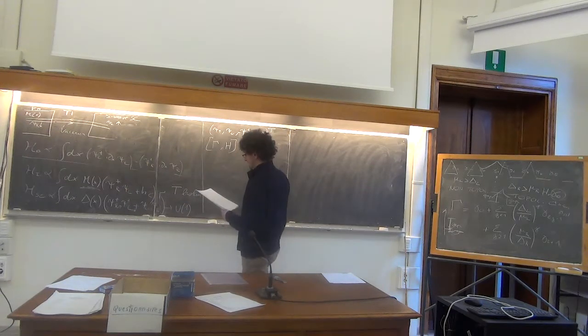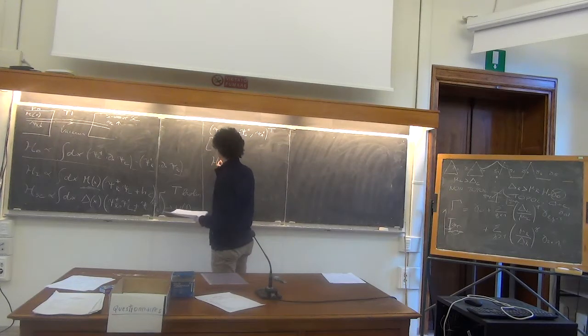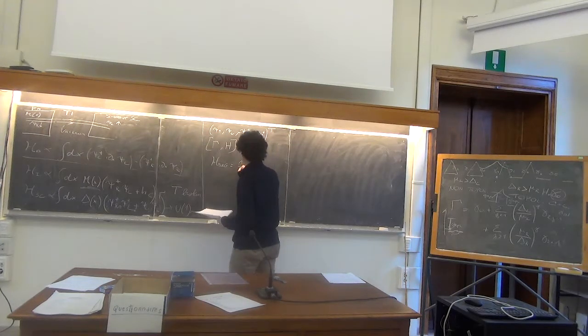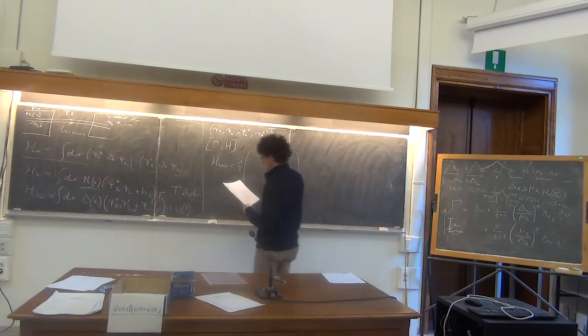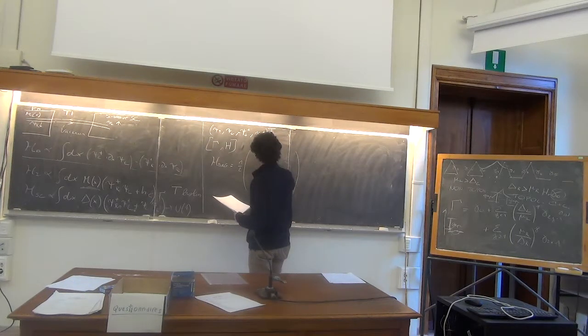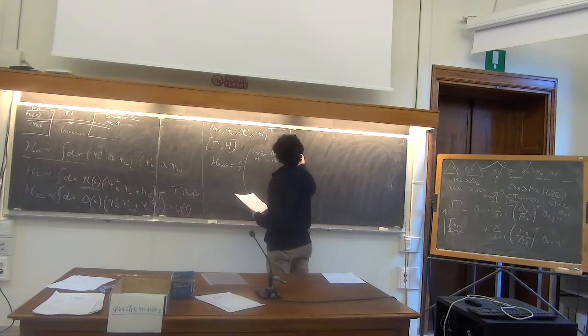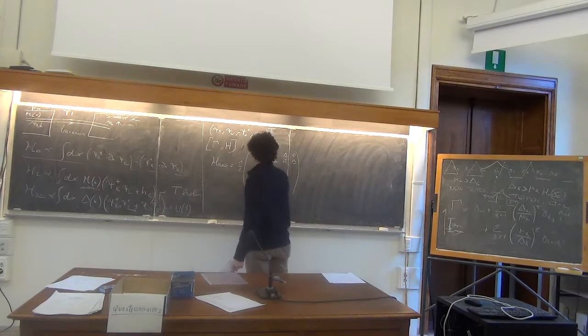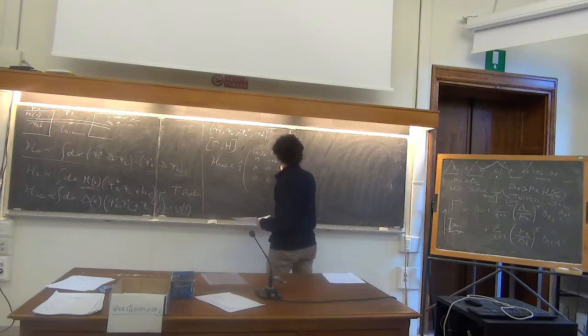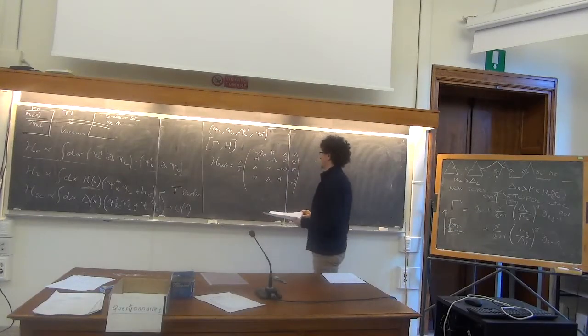And this is given by the Hamiltonian, which is a 4 times 4 Hamiltonian, which essentially reads, so the calculation you obtain is this Hamiltonian.